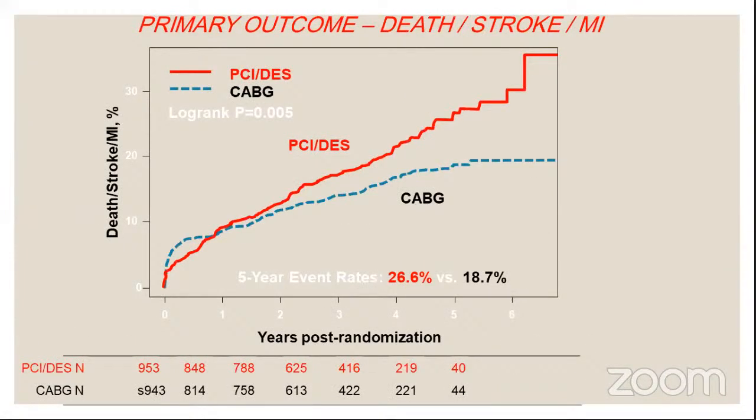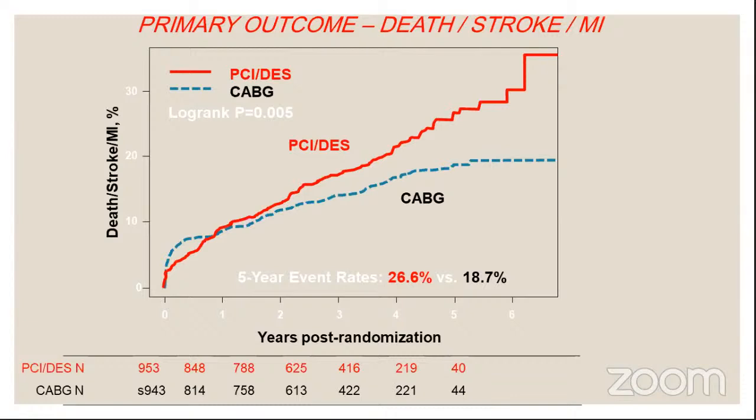So now we come to the most important slides of this presentation. Here we are comparing the primary outcome in the two different groups. On the horizontal line, we have the 5-year event rate, and on the vertical line, we have the rate of developing death, stroke, and myocardial infarction.